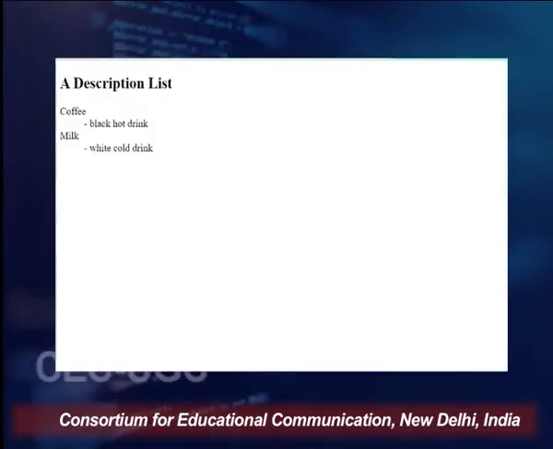So the output given by this is something of this sort. Here is a description list. Now you have coffee, and for the description of this term coffee, we have black hot drink, and as the description of milk we have white cold drink. So a complete description list.